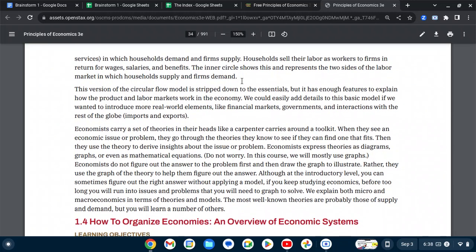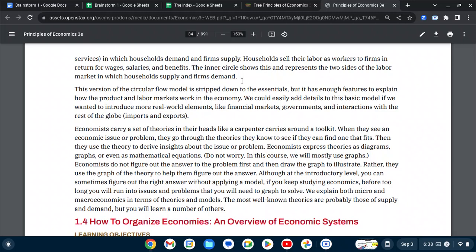Households sell their labor as workers to firms in return for wages, salaries, and benefits. The inner circle shows this and represents the two sides of the labor market in which households supply and firms demand. This version of the circular flow model is stripped down to the essentials, but it has enough features to explain how the product and labor markets work in the economy.